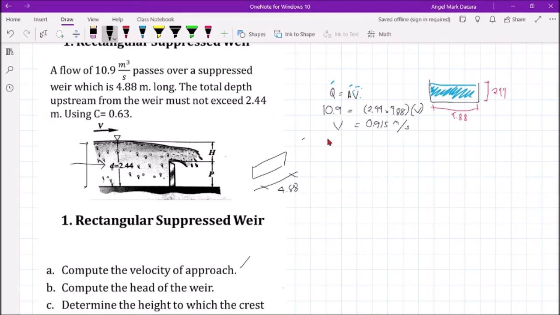For discharge in a rectangular weir, that's 2/3 C square root of 2G times L H raised to 3 halves.